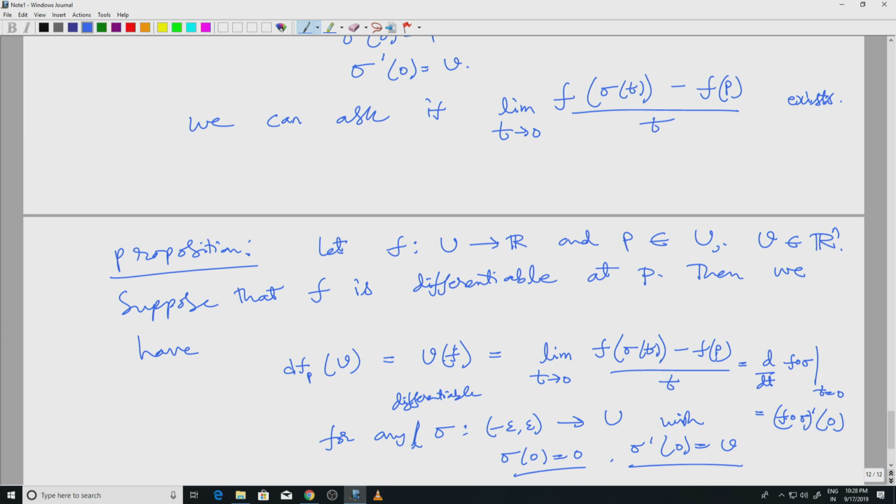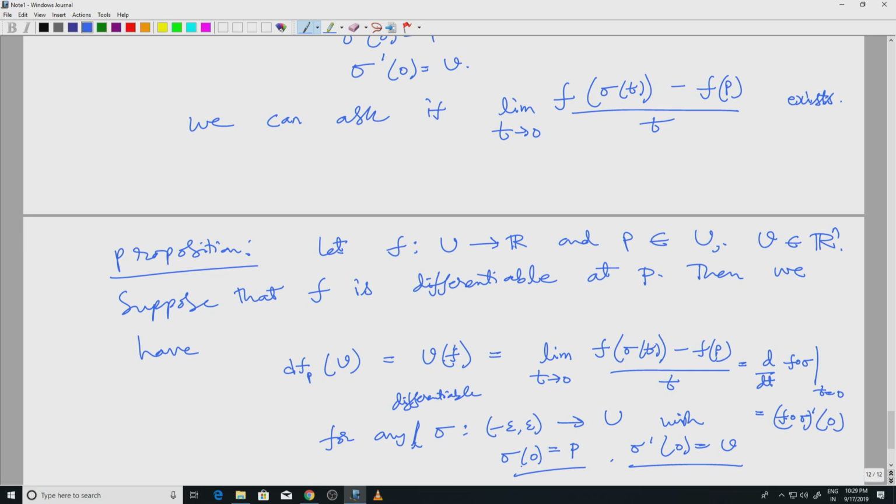Remember that v of f was obtained by restricting f to the straight line through p in the direction v, and then calculating the derivative.